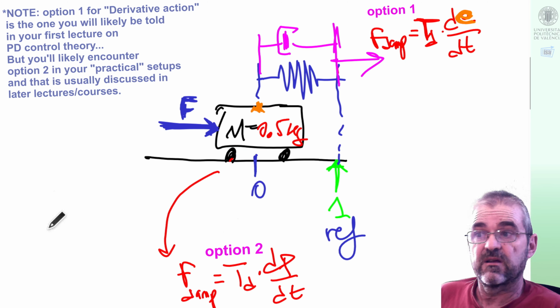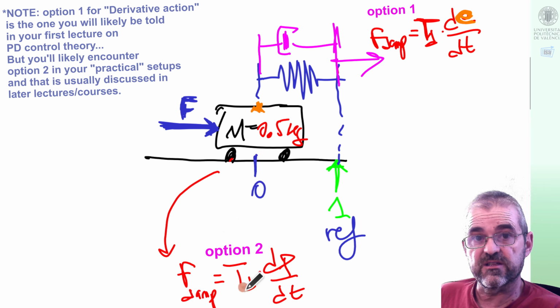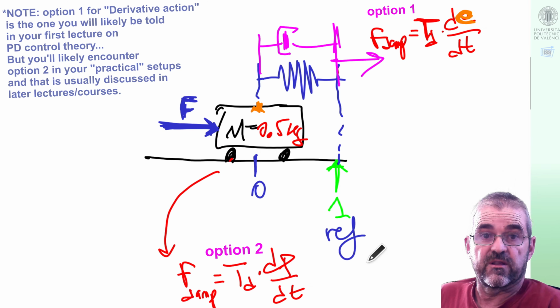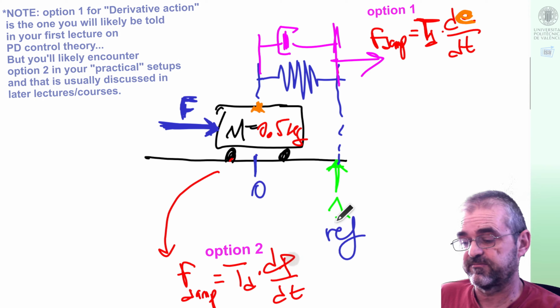That's another way to absorb energy so that my spring-induced oscillations end up stopping. In that case, the damping force will be the constant times the derivative of the position, not of the error. The thing is that software-based damping, derivative action, can easily program the first option, the second option, or even intermediate ones.